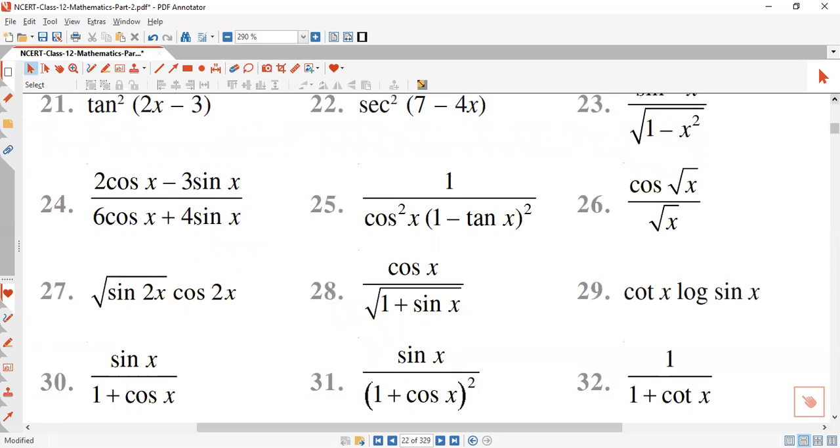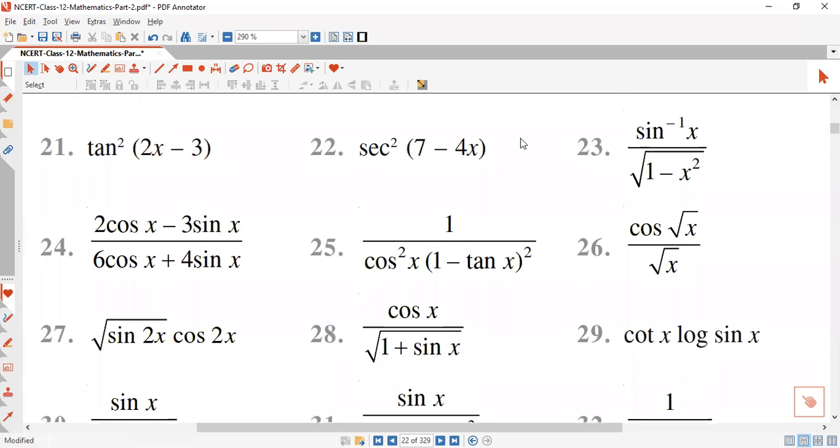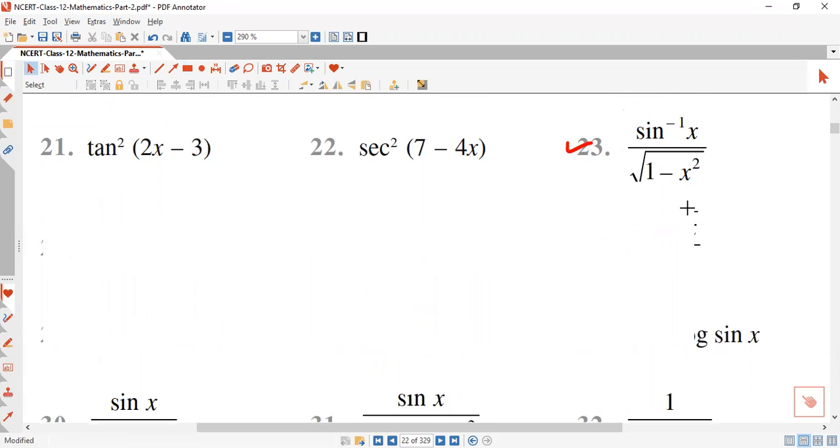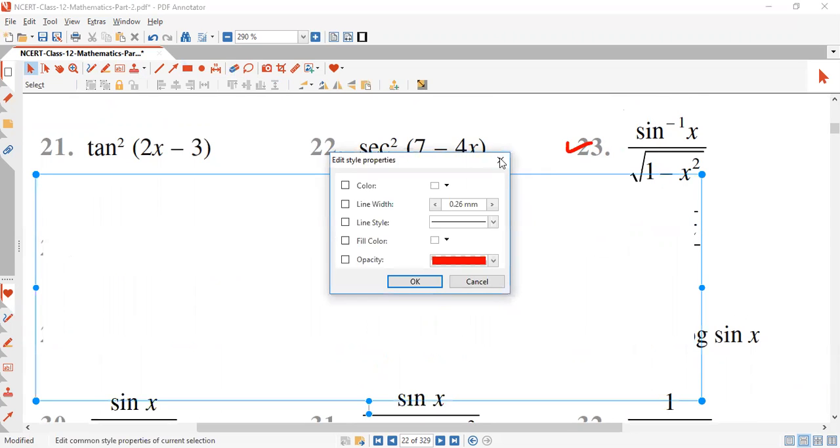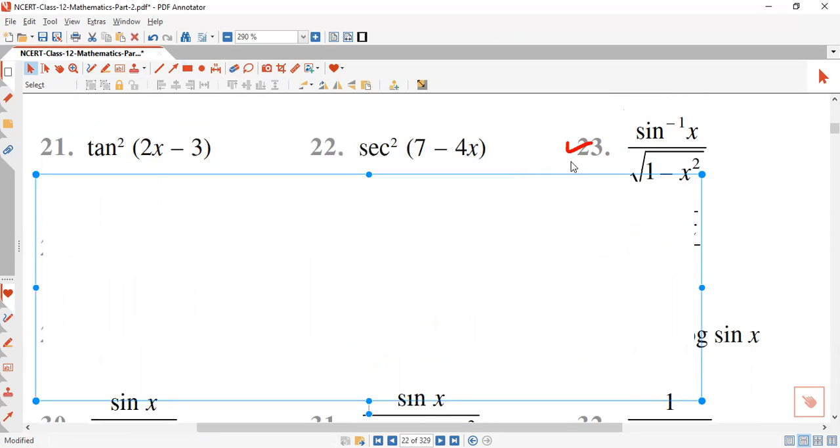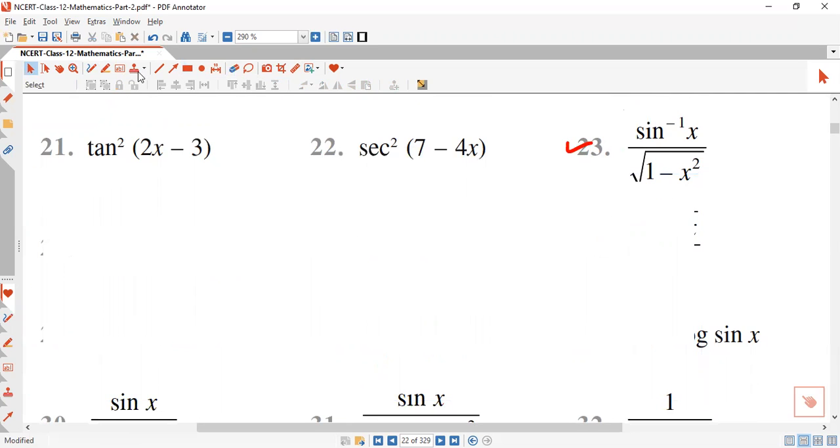Now, question number 23. Sine inverse x divided by under root of 1 minus x square, and we are interested to find out the integration of this.